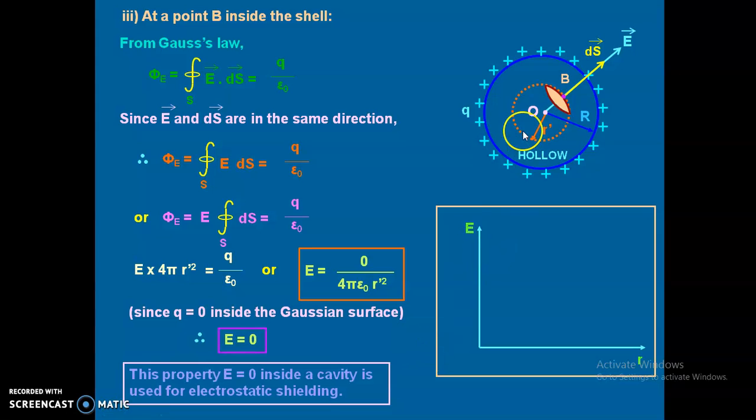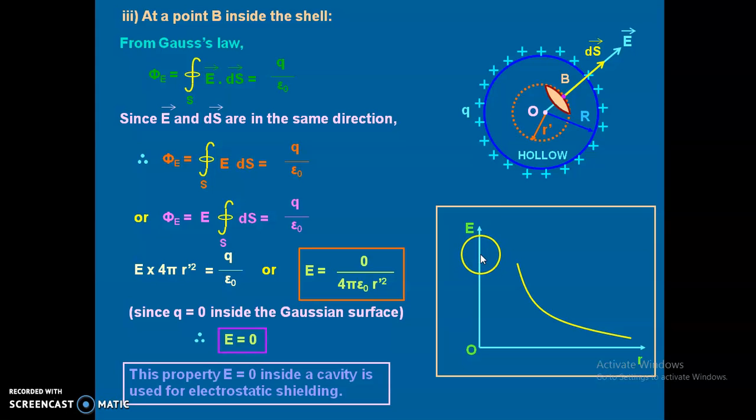Now we are going to plot a graph between E and R for a spherical shell. E is electric field intensity and R is the distance. Now we can assume this particular origin as O. Let us see the graph. This is a rectangular hyperbola, but it is not starting from this particular point.